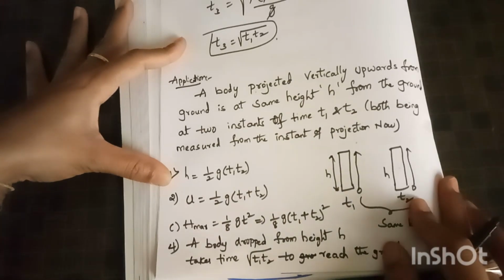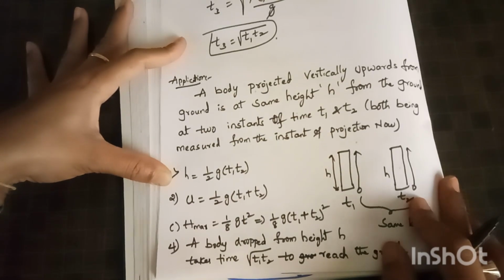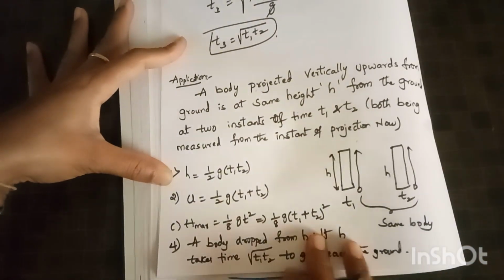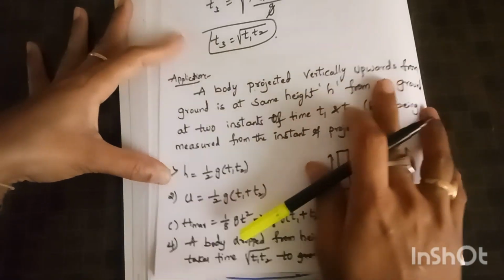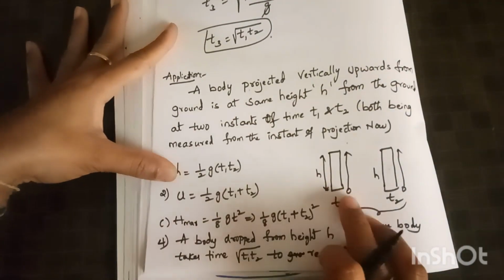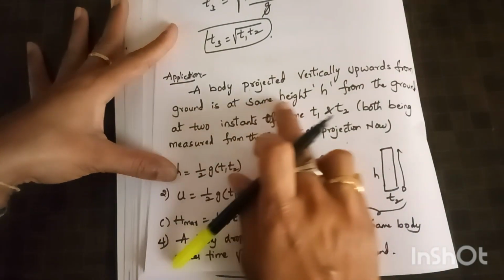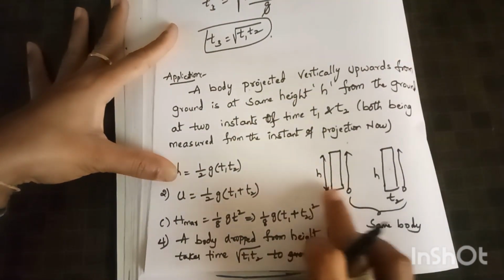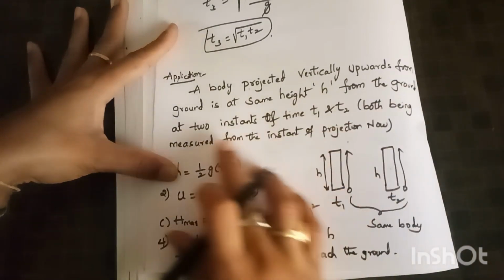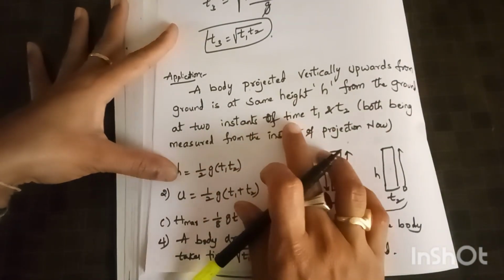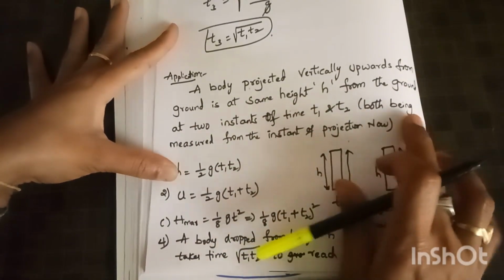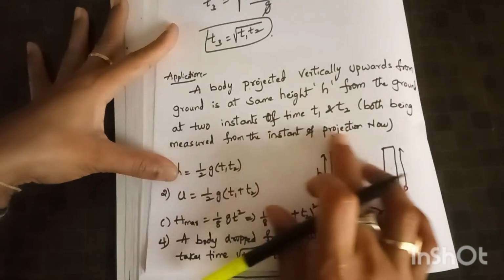Now we are going to discuss one more application, where the same body is projected at 2 different times. A body projected vertically upward from the ground is at the same height h from the ground at 2 instants of time t1 and t2, both being measured from the instant of projection.